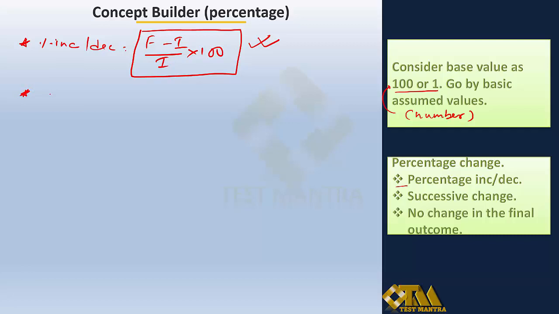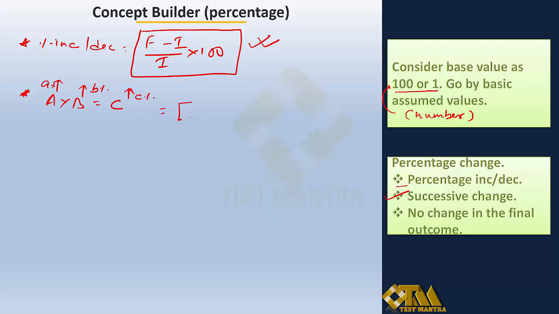Next one is the successive change. Successive change is the case where, suppose I have the product of two things, A and B, equal to C. Let's say I'm increasing A by A% and I'm increasing B by B%. Obviously there is a change in the final value. Let's say that's nothing but C%.